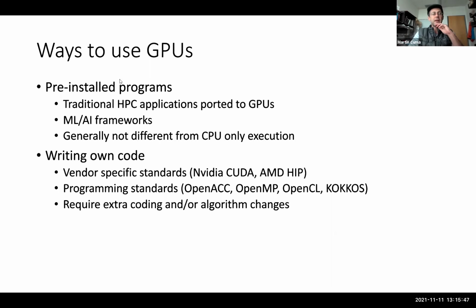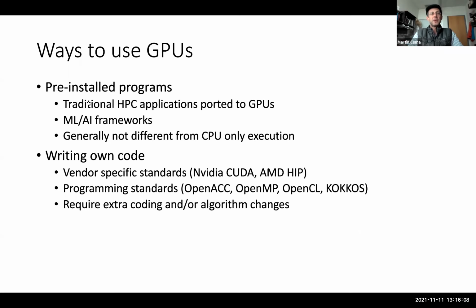In my mind, at least, there are two ways we can use GPUs. One of them is to not even know how to program for the GPUs, but use the programs that somebody else wrote. In our experience, most of the users these days fall into that category because there is a fair amount of programs that have been ported to GPUs.